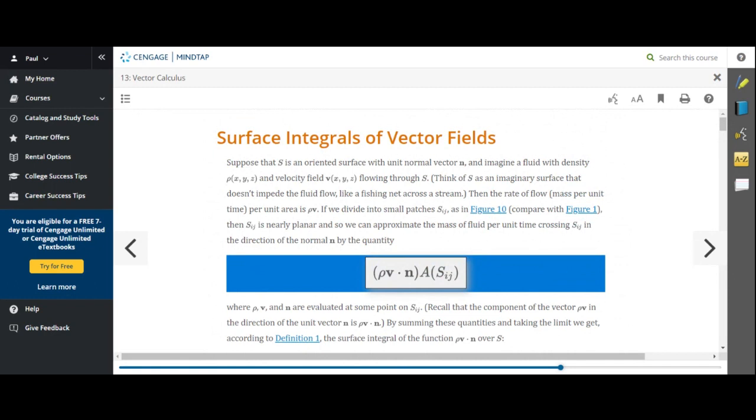So I'm going to go back to the whiteboard and look at this dot product of the vector field with the normal vector, multiplied by the area of the ijth patch.